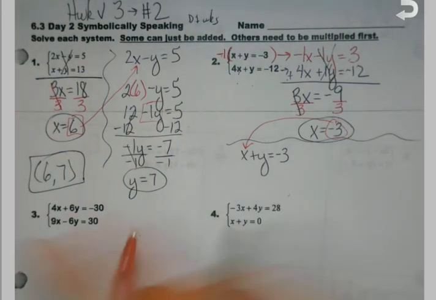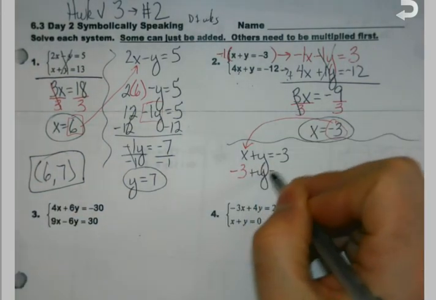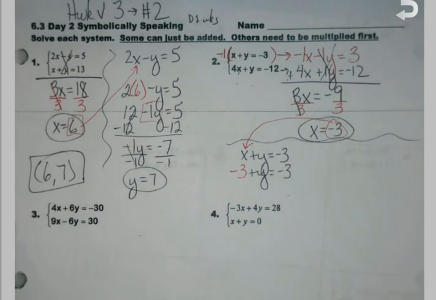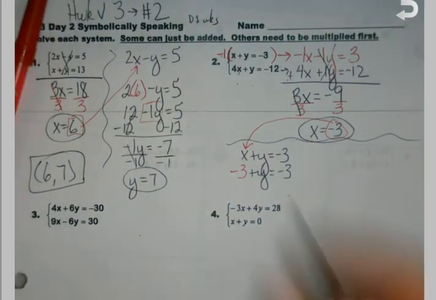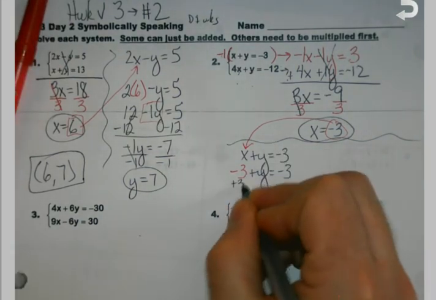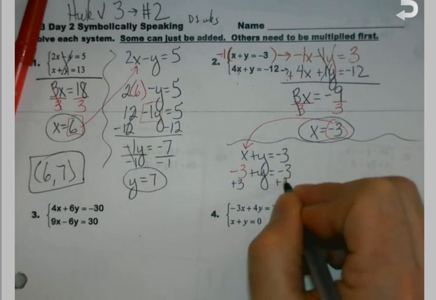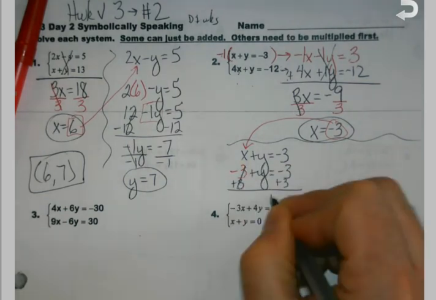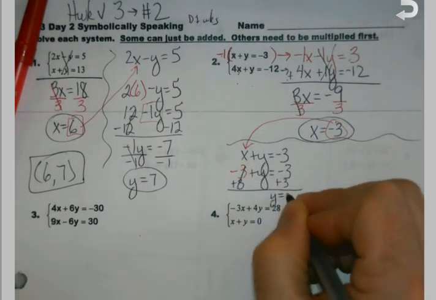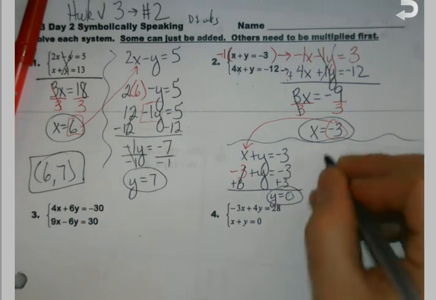So I'd have negative 3 plus y equals negative 3. Do my opposite, which would be to add 3 there. Negative 3 plus 3 is 0.